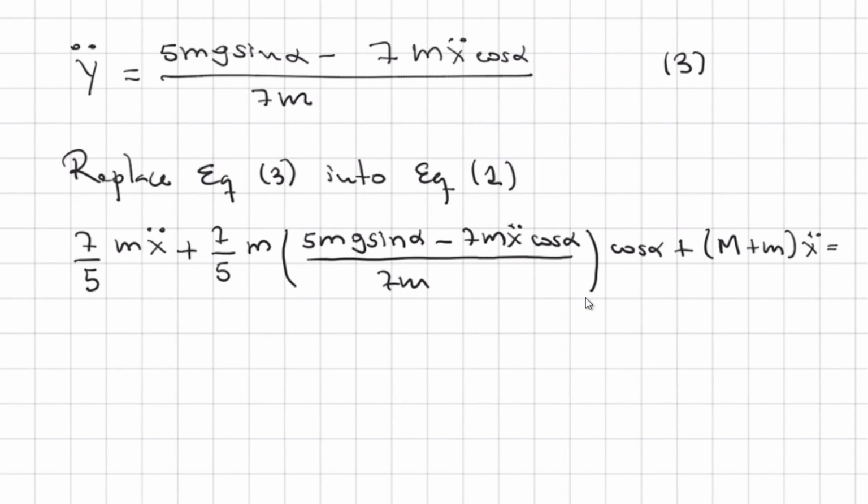Okay, here this 7 with this 7 we can simplify. We can simplify this m with the m in the denominator. All right, we can now take this 5 and send it to the denominator.